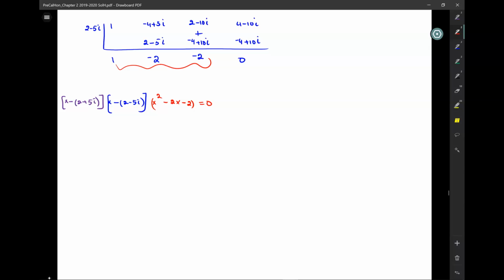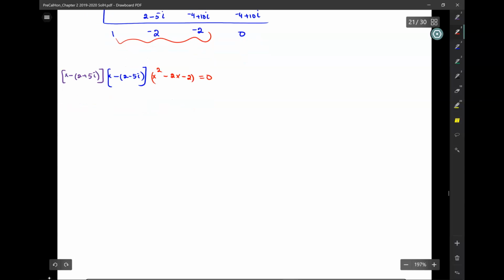I wish there was a formula for quadratic functions. There is though. X equals negative b plus or minus the square root of b squared minus 4 times a times c all over 2a.